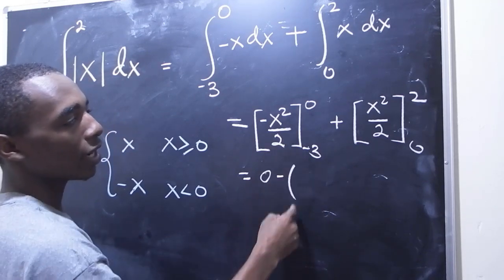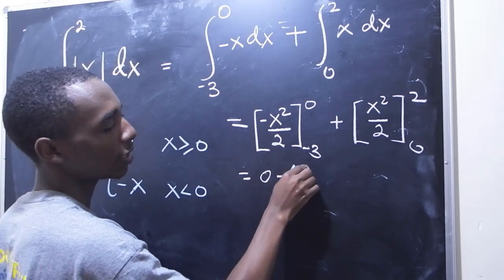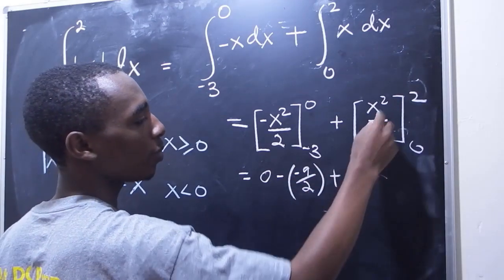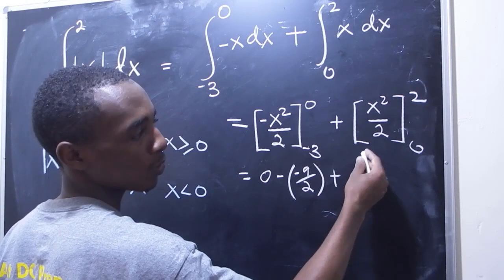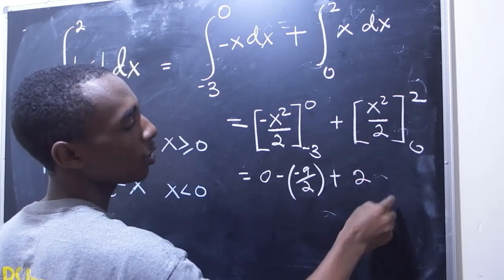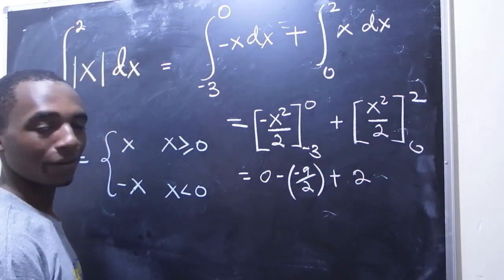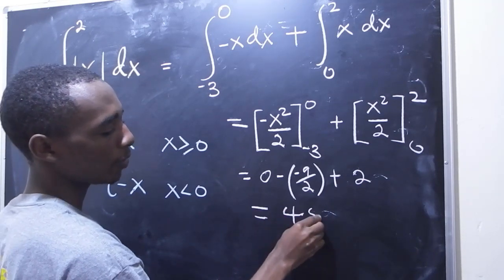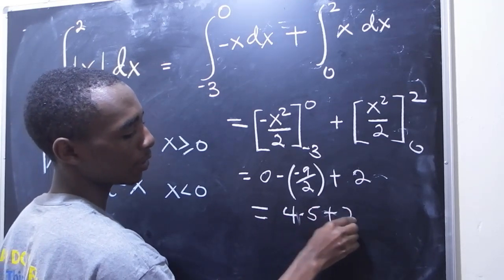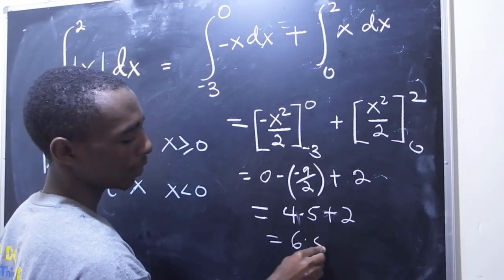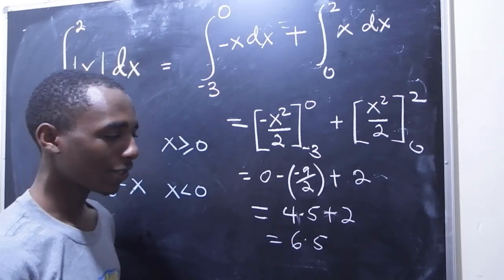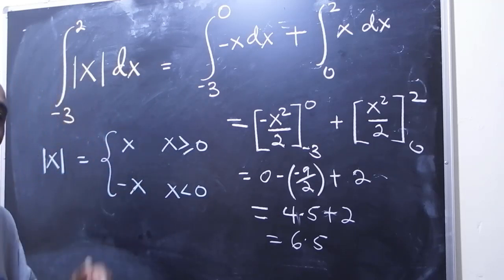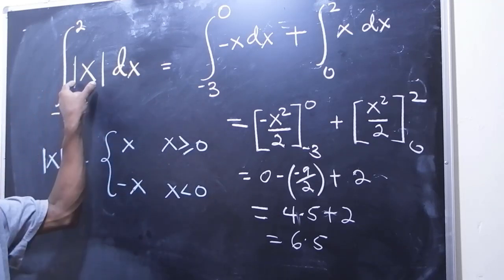Minus, if I plug in -3, I'm going to get -9 out of 2. Plus, if I put in +2 here, that's going to be 2 squared out of 2, that's a 2. If I plug in 0, that's obviously going to be a 0. So the result is 4.5 plus 2, and that's 6.5, so 6.5. That's one way of doing this integral, by writing it as a piecewise function.